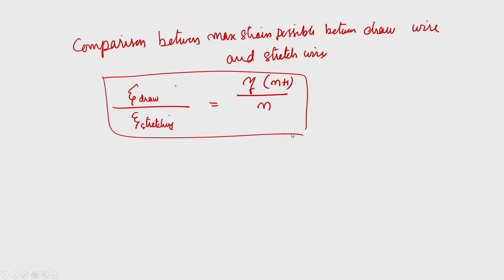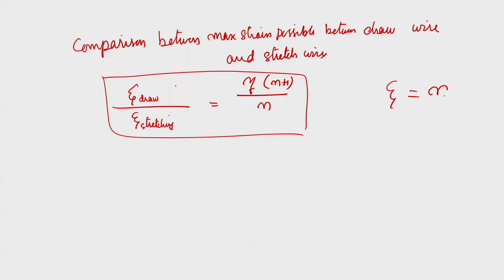Because in a tensile pulled sample, the necking will take place when strain is equal to your n. So, your maximum strain possible, or the strain at maximum load, at which the instability sets in, that we have discussed in the earlier classes. At the instability, that means at the ultimate tensile strength value, your true strain is equal to your work hardening exponent for a material which is following the Holloman relationship.